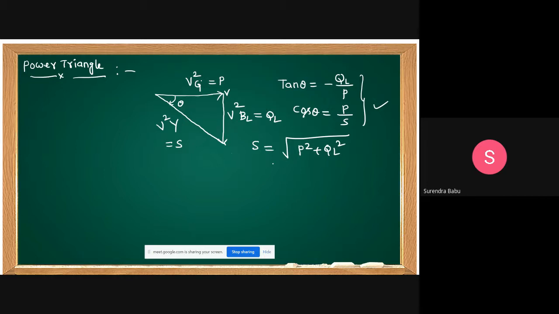QL is inductive reactive power. Yeah, this observation is important.